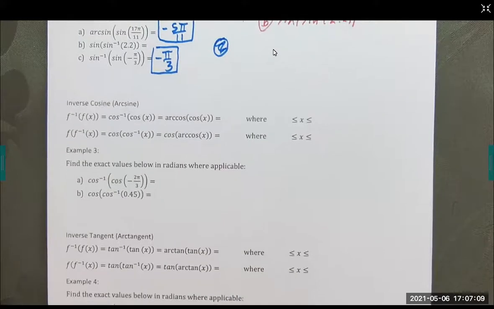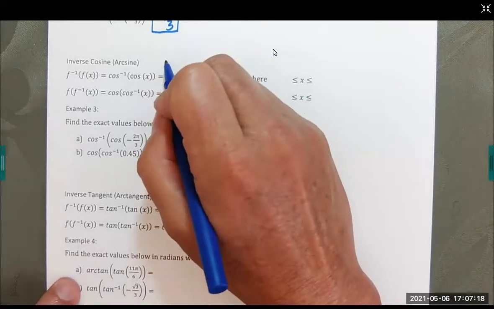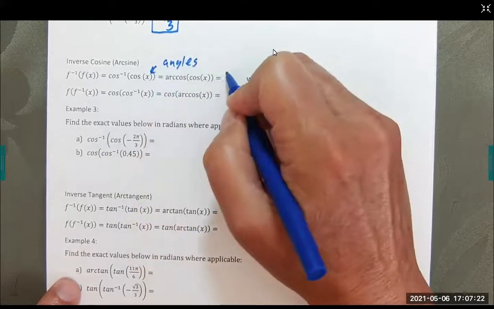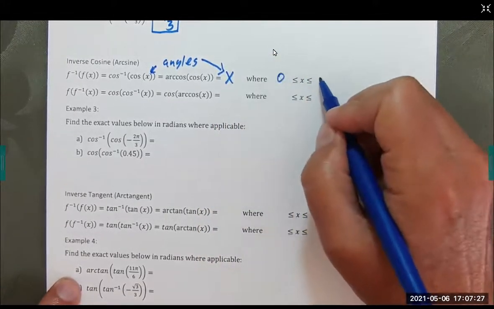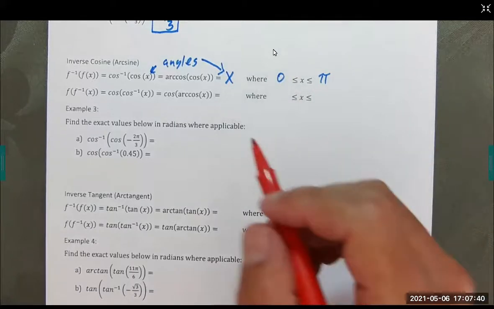Remember cosine? To be clear, let's do this again. These x's are angles between 0 and pi. The positive ones will be between 0 and pi over 2. The negative values, I should say, will be between pi over 2 and pi.